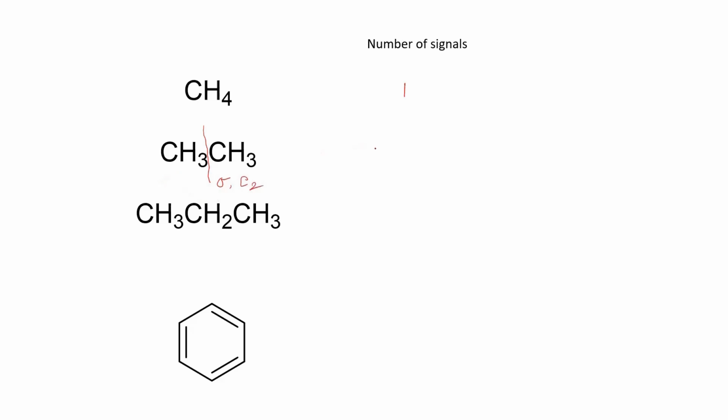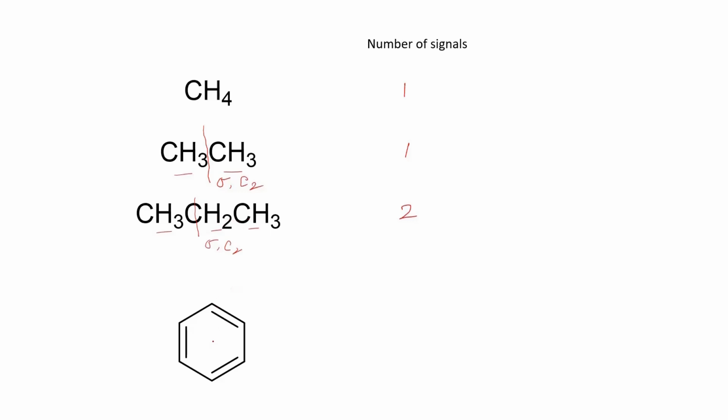Due to that, these two CH3 are chemically and magnetically equivalent. In the case of CH3-CH2-CH3, there are three carbons, but we get only two peaks because again there is one sigma plane or C2 axis, so these two CH3 are chemically and magnetically equivalent, and the CH2 will show another peak. That's why we get two peaks.